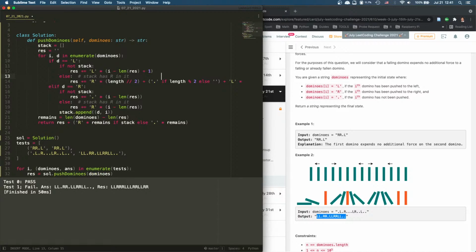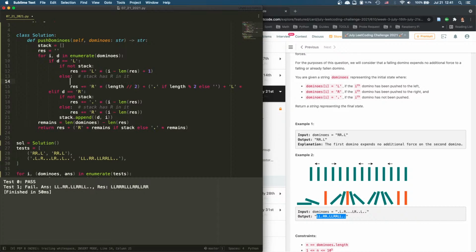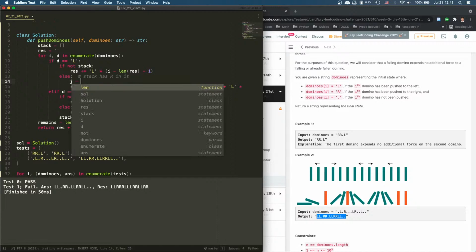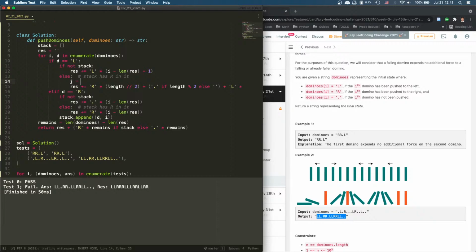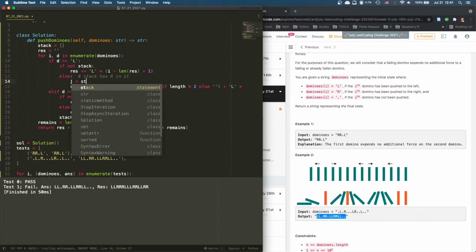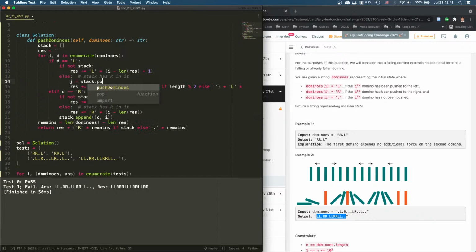Else, if it is, then what we're going to do is say j equals, and then we never really pop, right? We need to pop it. j should be stack.pop. And we will need this, stack.pop.